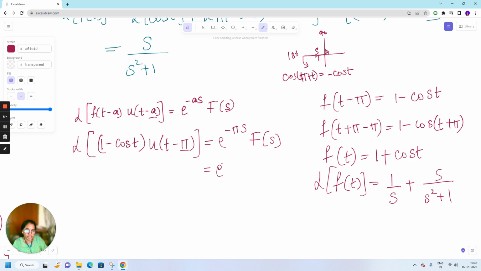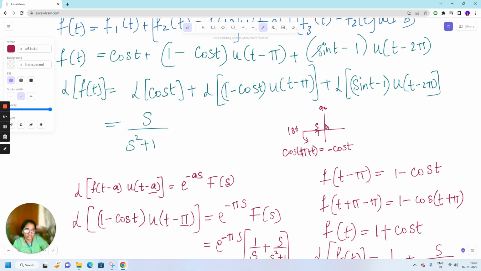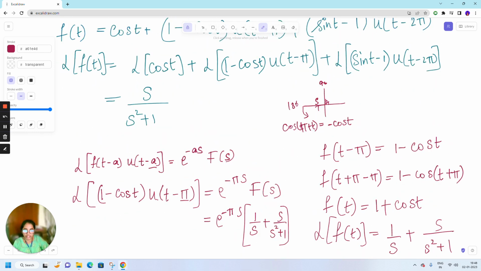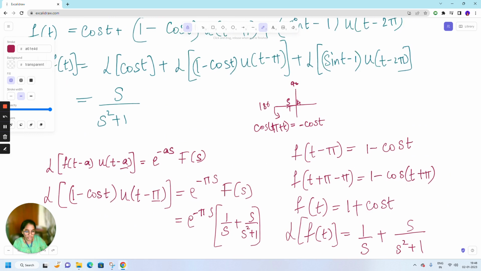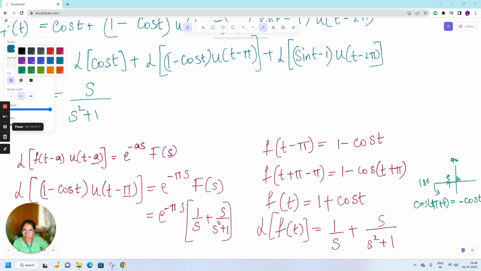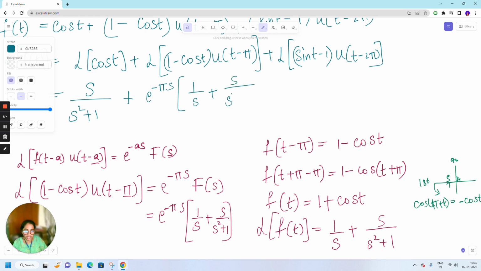That would be e power minus pi s into 1 divided by s plus s divided by s square plus 1. Okay, so here I would have to write plus e power minus pi s into 1 divided by s plus s divided by s square plus 1.